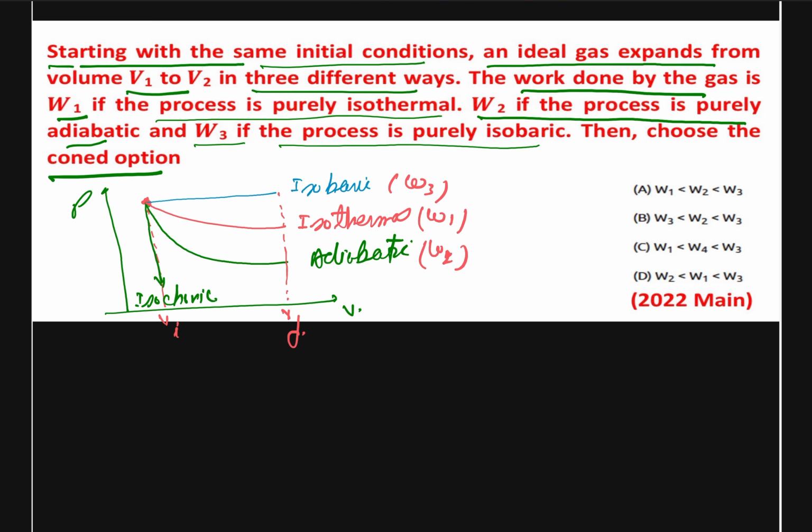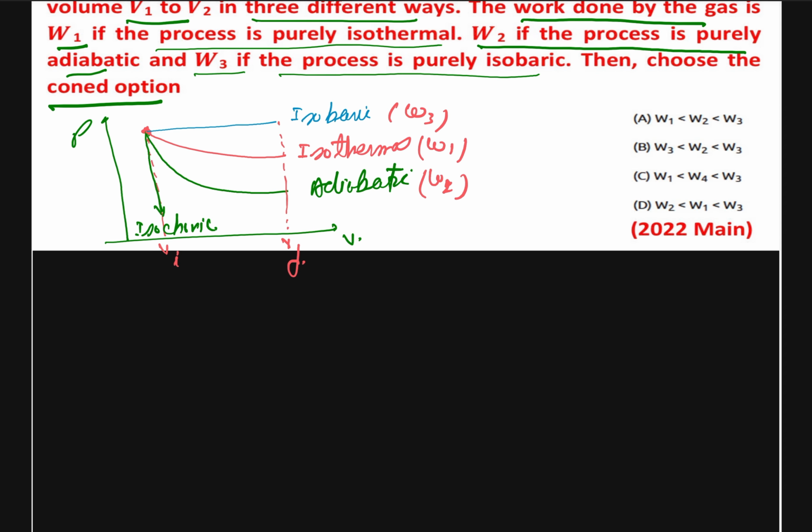Therefore, we can say that W2 is the least one. So we get W2 less than W1 less than W3. So W3 is the highest, that is highest of all. So option D is correct.